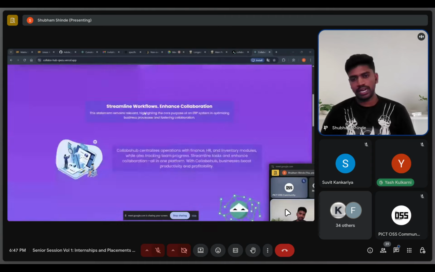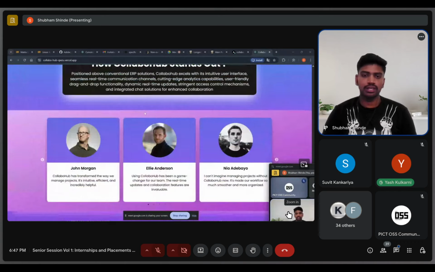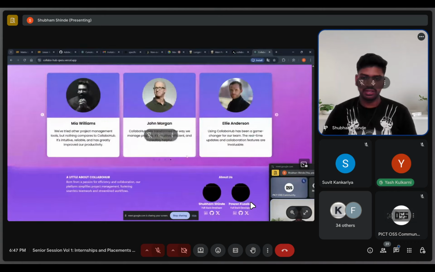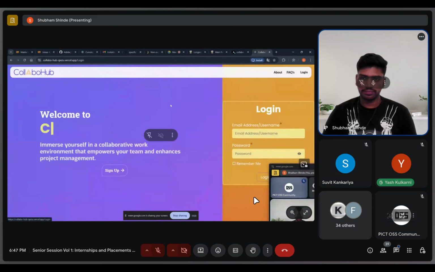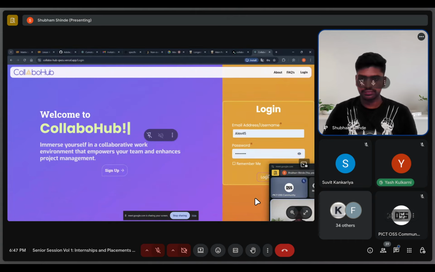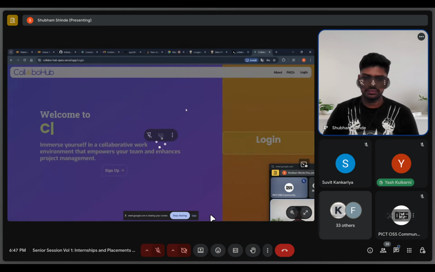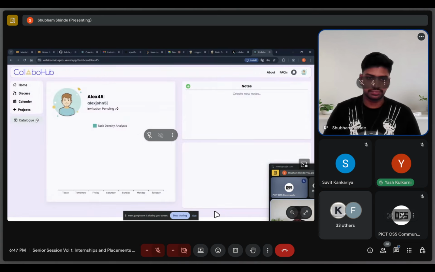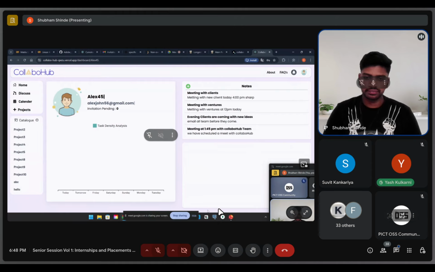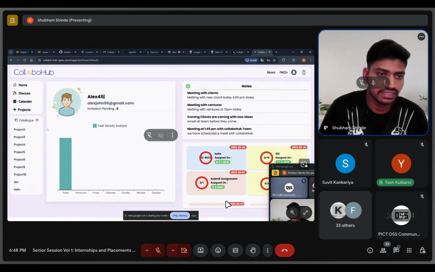This is a platform where you can manage your projects, manage your work, manage your daily workflows and all. So here you can see that, it's backend is deployed on a free instance, so it is taking time.